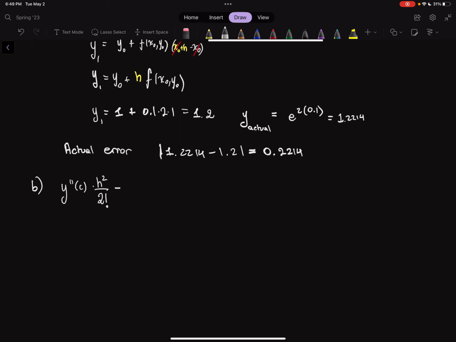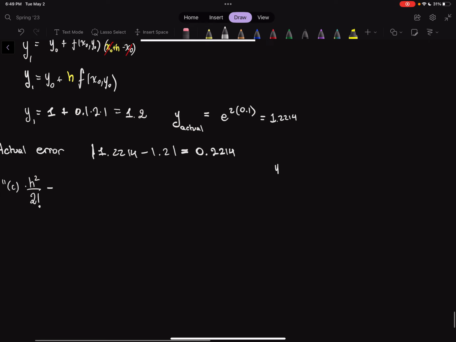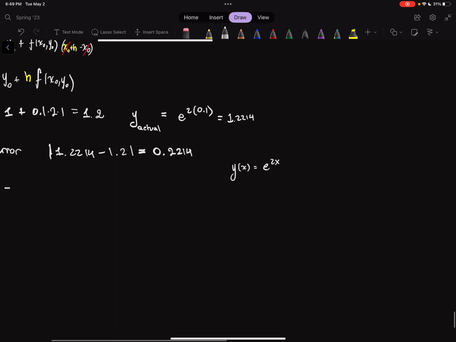So we have to take the double derivative of our function y of x, they told us, is e to the 2x.